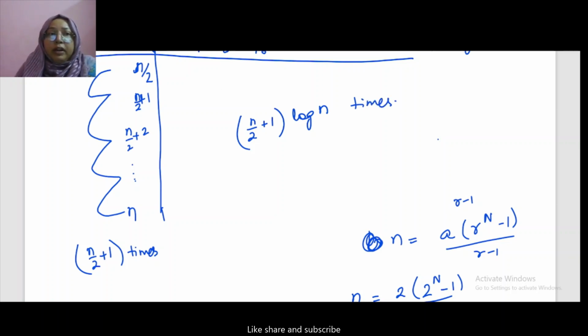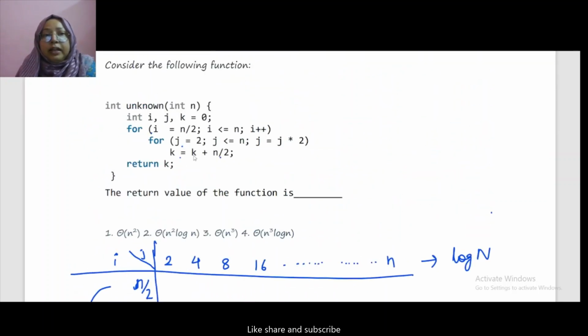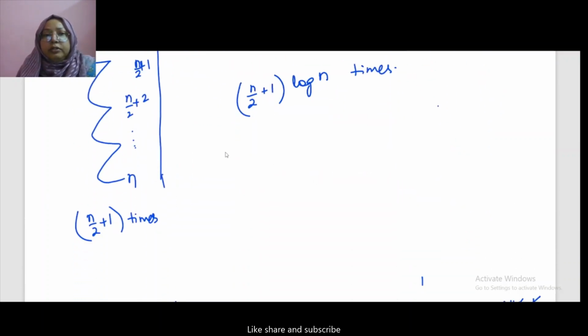Now see what it is actually doing inside the inner for loop. K's value is incremented every time by n by 2. It is incrementing the value of K equal to K plus n by 2 every time. So it is doing n by 2, n by 2, n by 2, and so on. How many times?